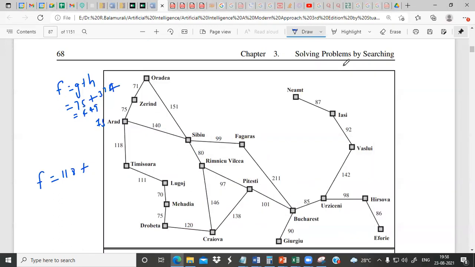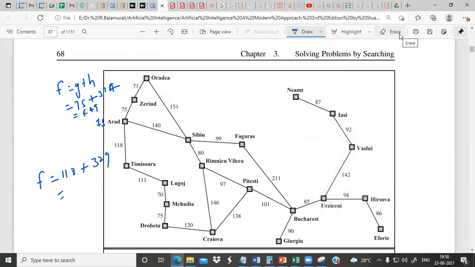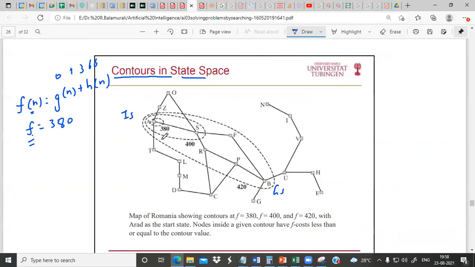So 329 plus 118 is 447, which is again greater than 380. We have a certain F value of 380, so only if it is less than or equal to 380 will we consider it.